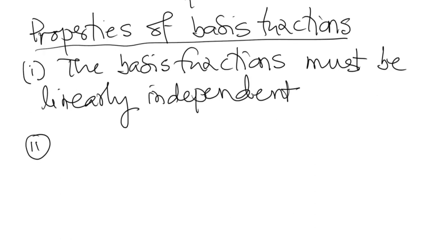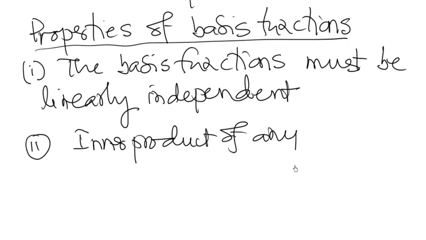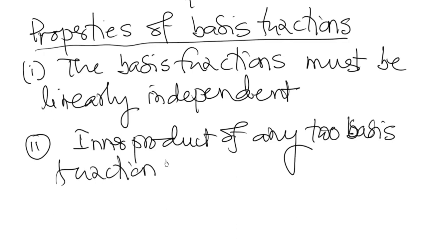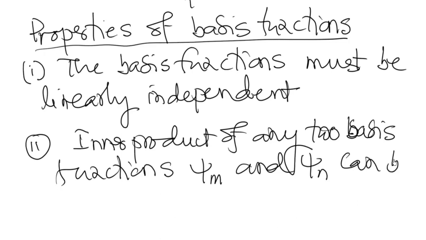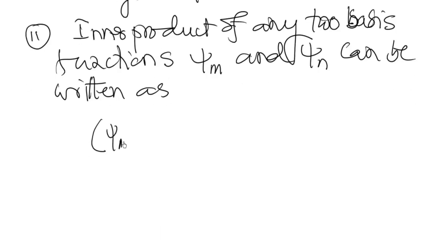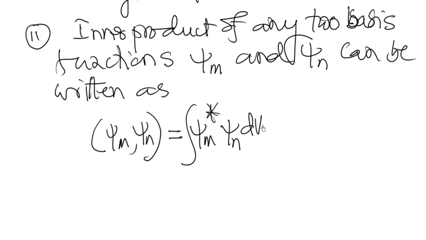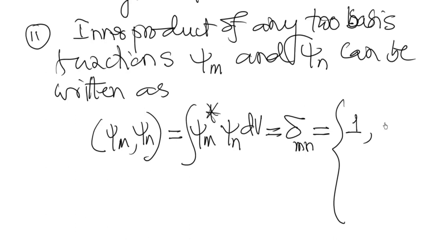And the inner product of two basis functions can be written as delta mn, and this delta is known as the Kronecker delta, and its value is 1 when m is equal to n, and it is 0 when m is not equal to n.